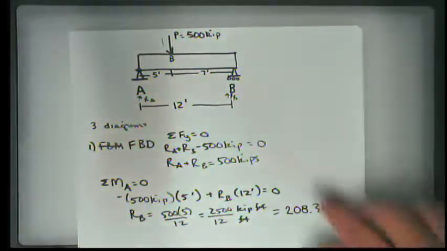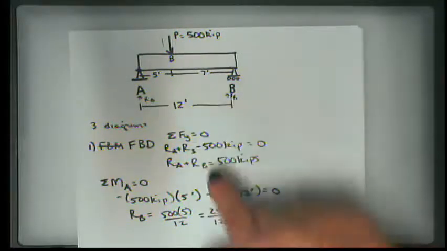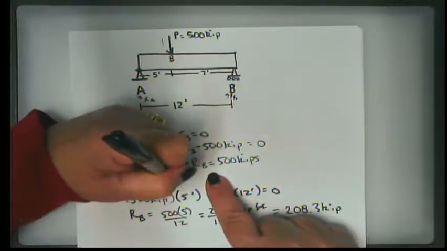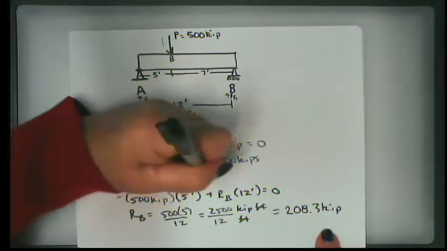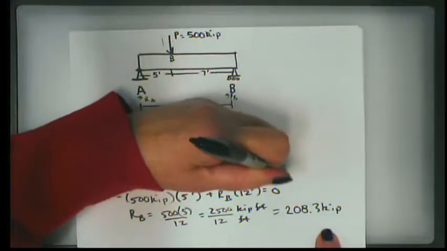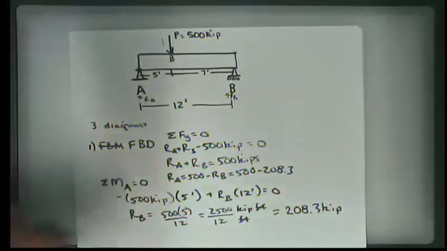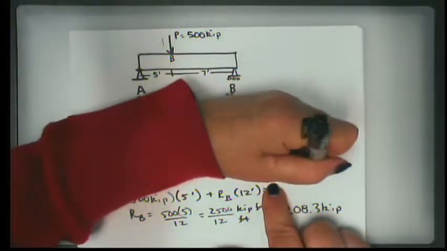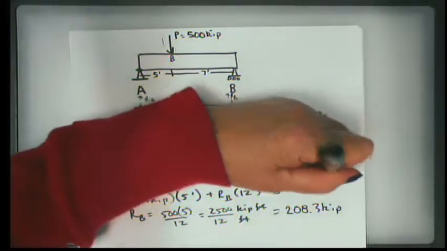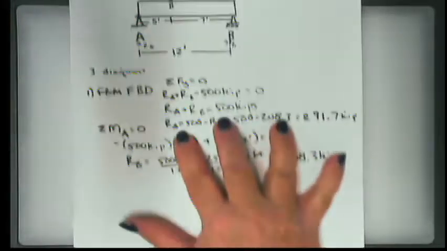If my reaction at B is 208.3 kilopounds, I can then find R sub A by saying R sub A equals 500 minus R sub B, which is 500 minus 208.3, which is 291 and 2/3, 291.67 kilopounds.